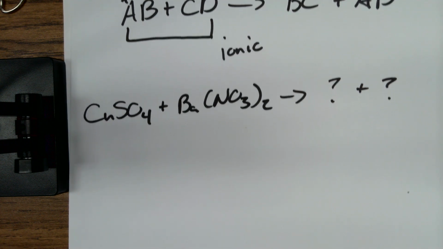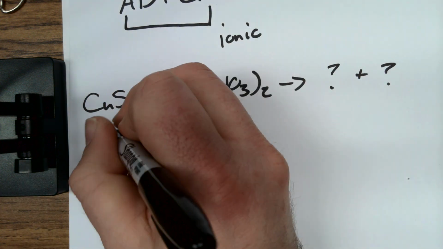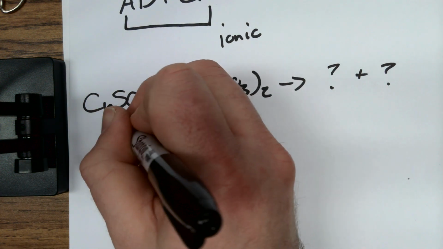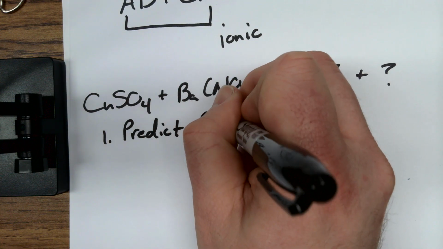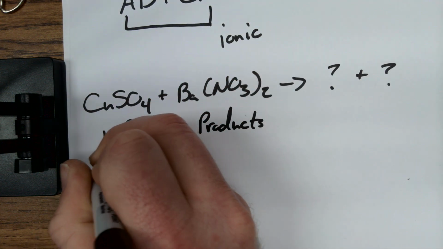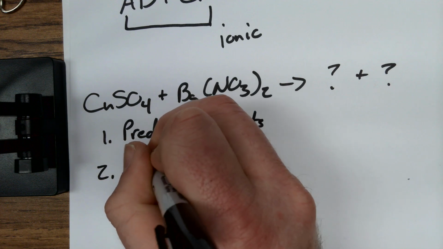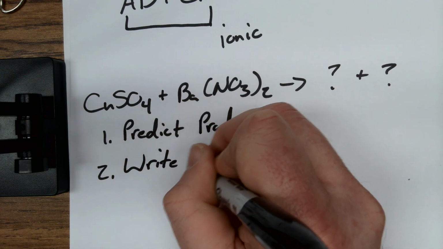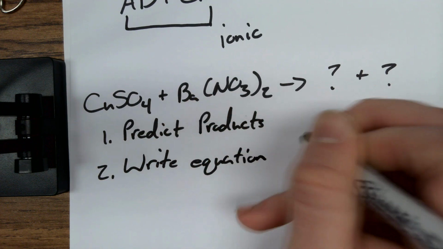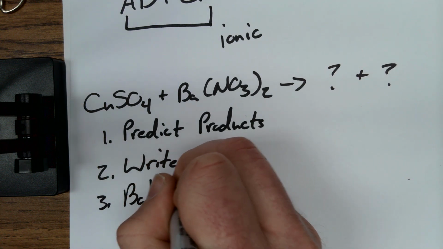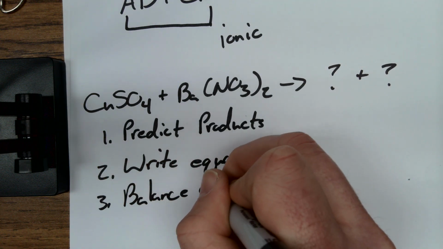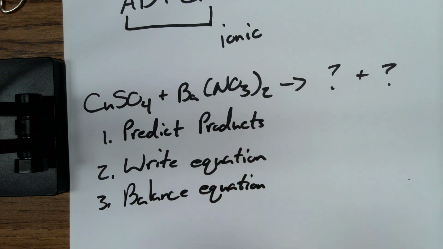What I need to do is, one, predict the products. Number 2, write the equation. Number 3, balance the equation.